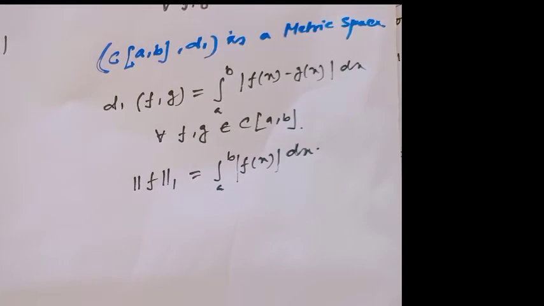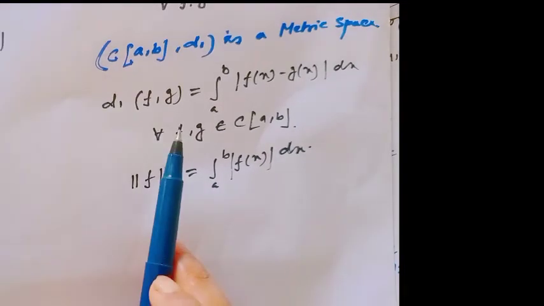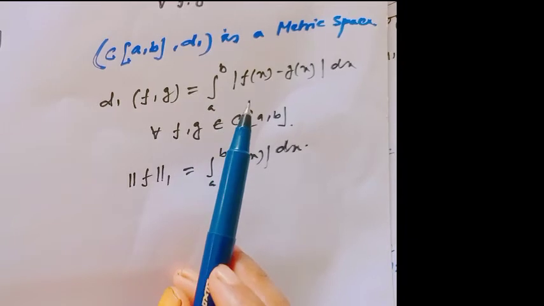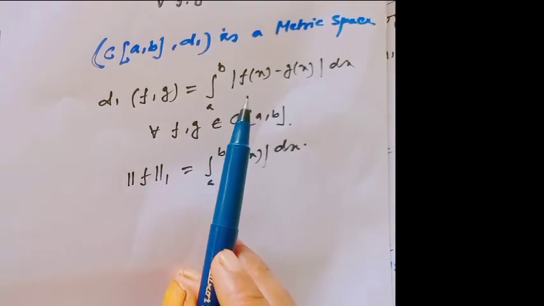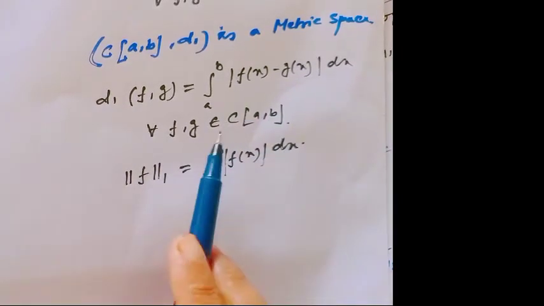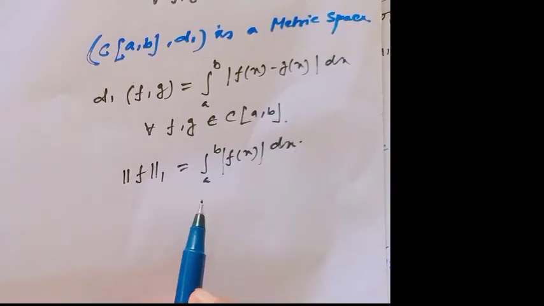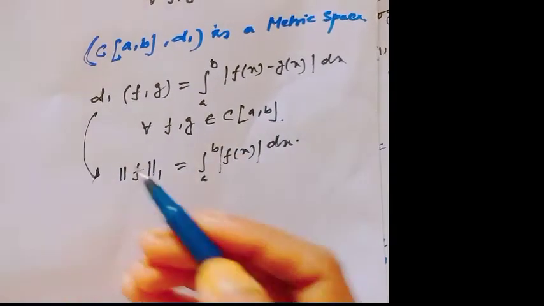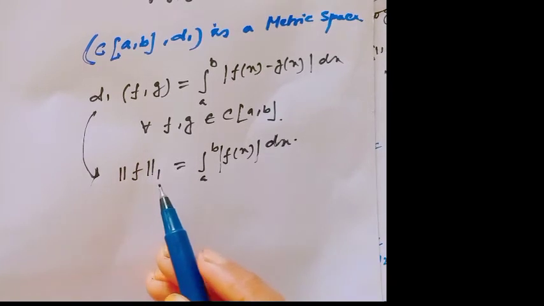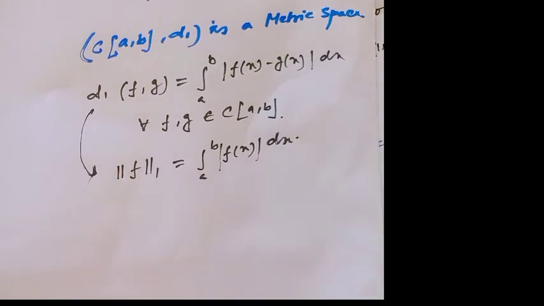Similar to Rn or Cn, here we can define d1(f, g) as the integration from a to b of the absolute value of f(x) minus g(x) dx, for all f, g belonging to C[a,b], and this metric is induced by the norm 1.